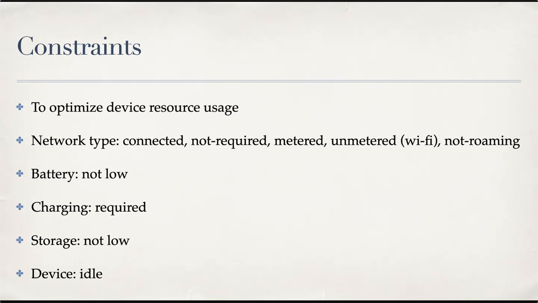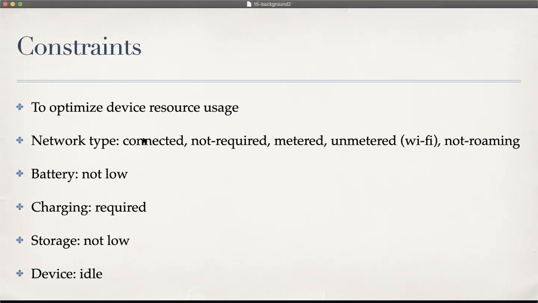There are these five different types of constraints that the work manager can deal with. First of them is the network type. Is the network connected, or is the network not required? Do you need some connection? That is the first option in network type. Second is network is not required.